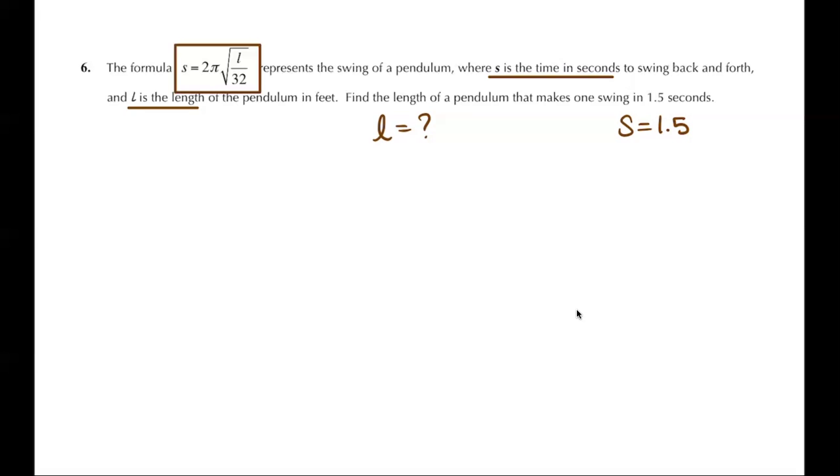Let's plug in what we know. So what can I plug in? The S is 1.5, so you can do 1.5 equals 2 pi, and then the square root of 1 over 32. Good. Oh, that's an L. Yeah, it definitely looks like a 1. I'm with you. Okay, so now we have to solve for L.